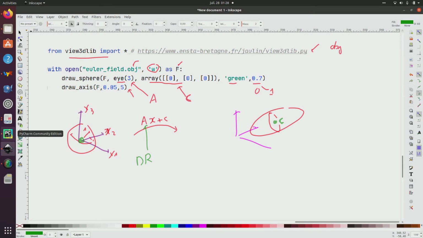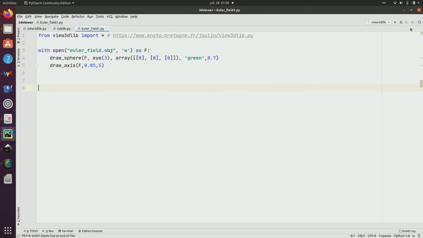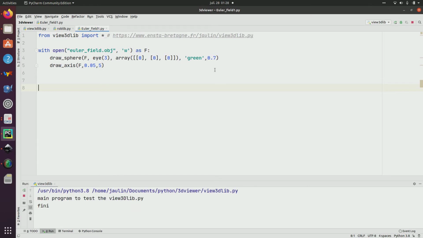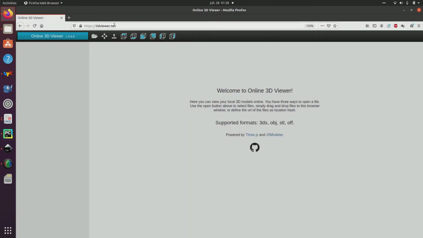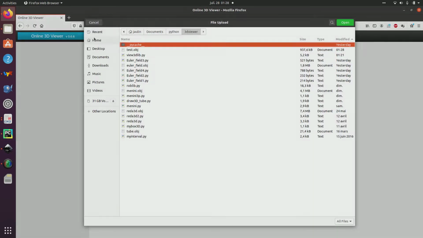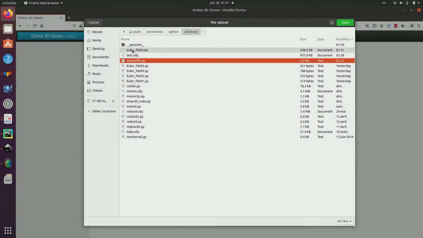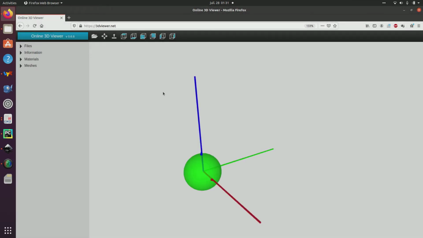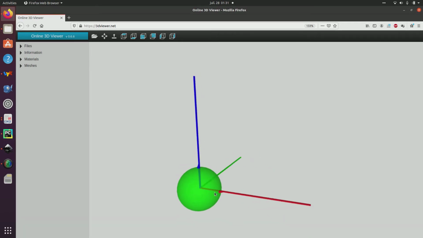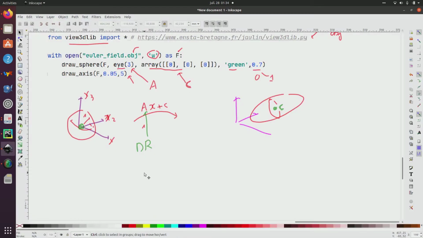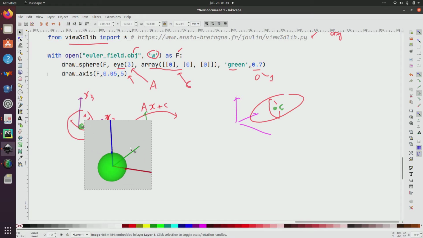So if I run this program, I generate an OBJ file named Euler field, then I go on 3dviewer.net, I open it, and I can see here the sphere with the axes red, green, blue for omega 1, omega 2, omega 3. Now I am able to draw the sphere.